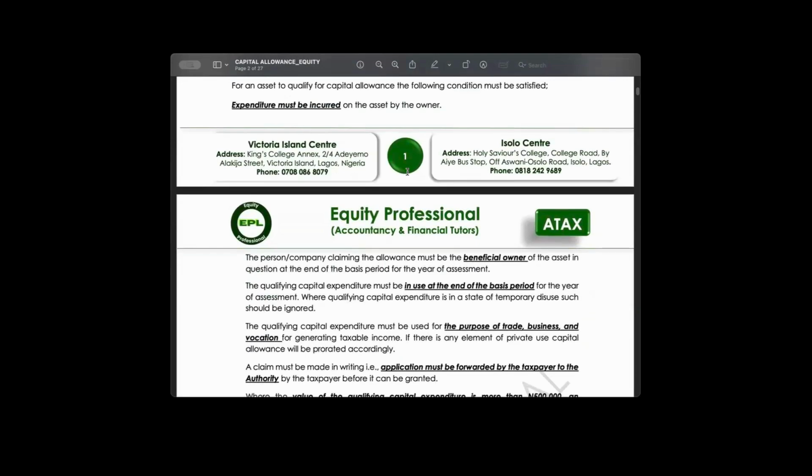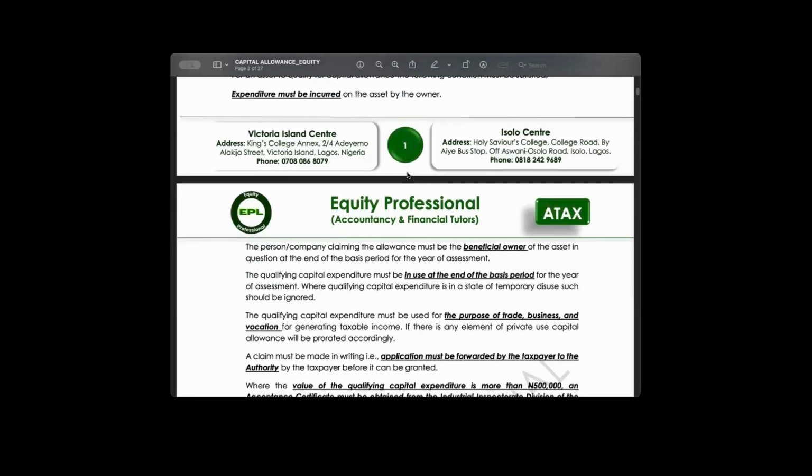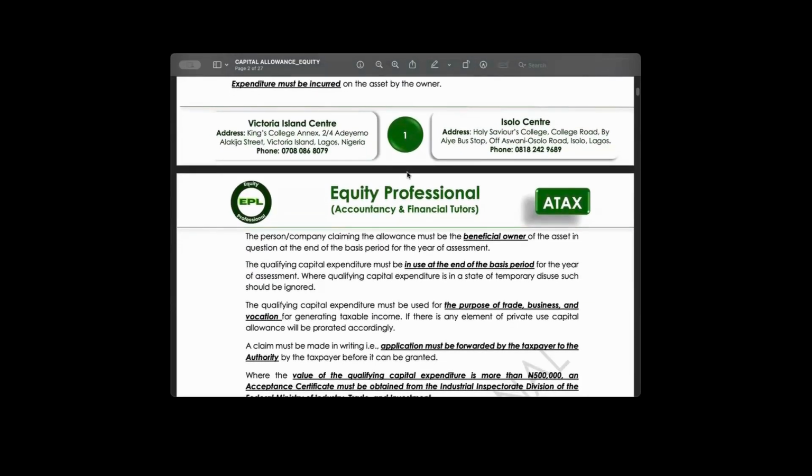Now, the asset must be used even at the end of the business period. So you can see that we underline must be used at the end of the business period. The next one: the capital expenditure must be used for the purpose of trade or business.